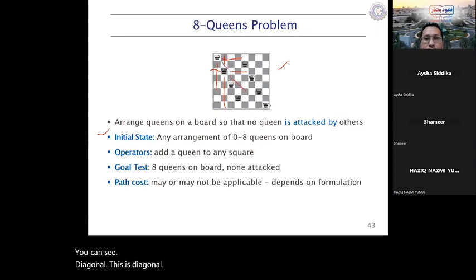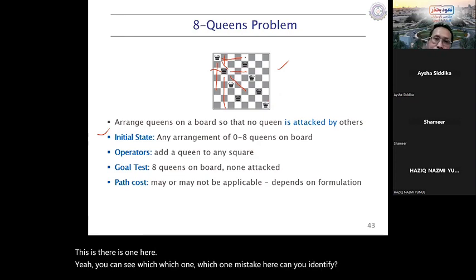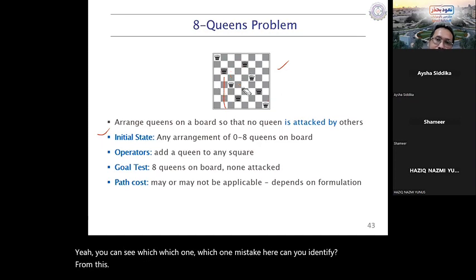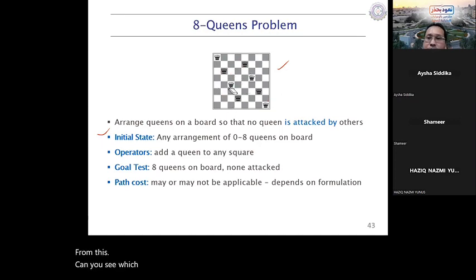Oh, there is a 1 here. You can see which one is a mistake here. Can you identify from this which one is a mistake or incorrect? The location, which part? You can mention the row, diagonal, and bottom diagonal.